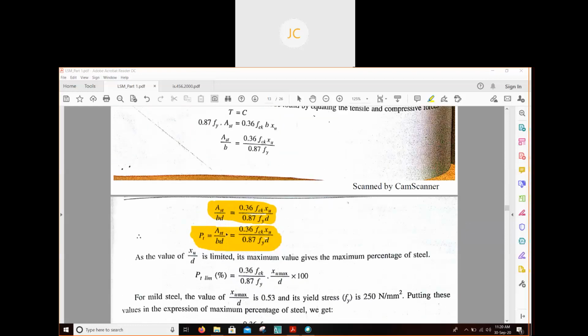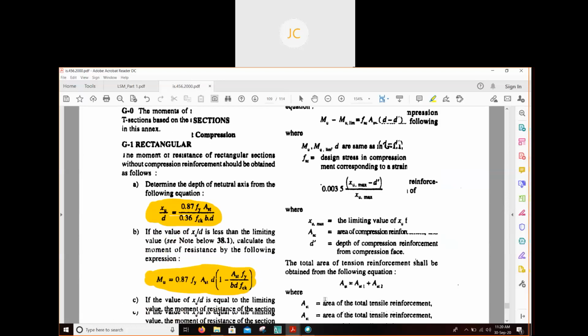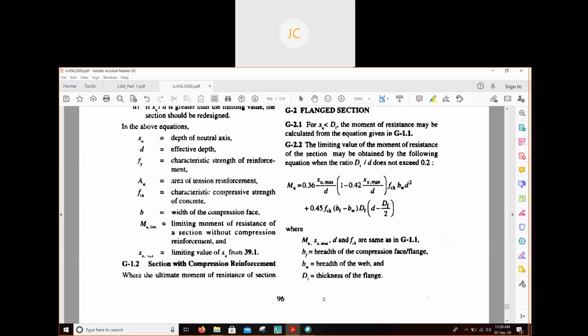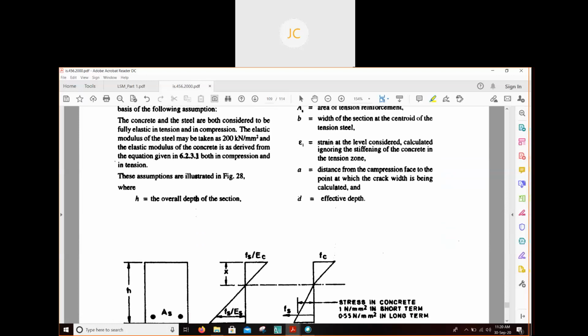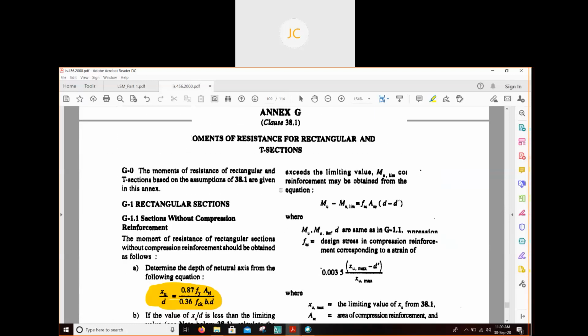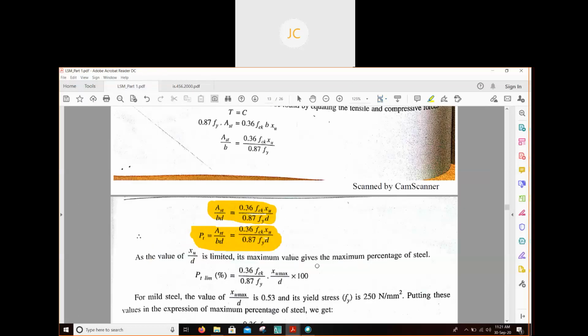Percentage of steel, Ast by bd equal to this, is the formula to find out percentage of steel. I think this formula is also given in IS 456. No, it is not given. This is the formula to find out percentage of steel.